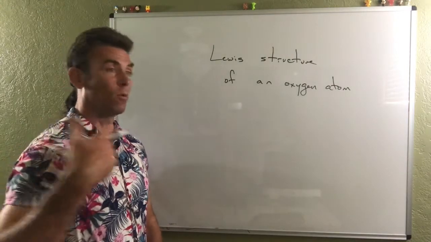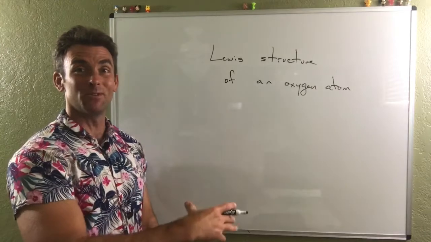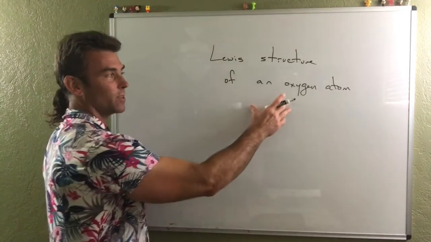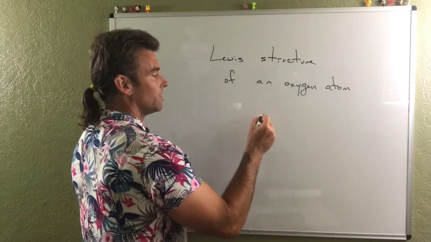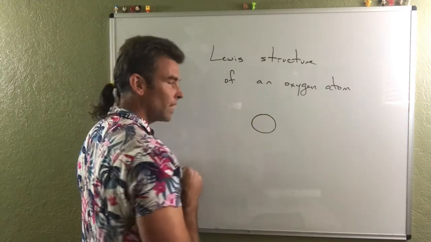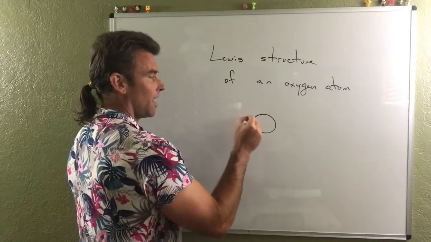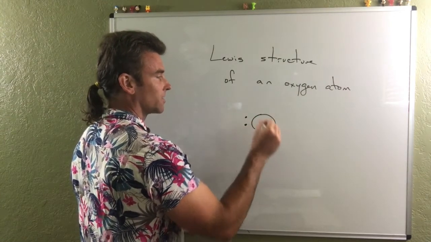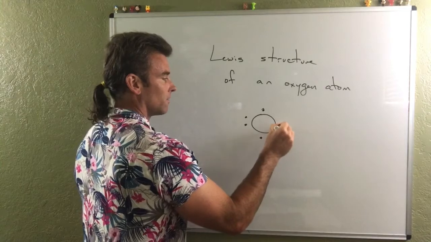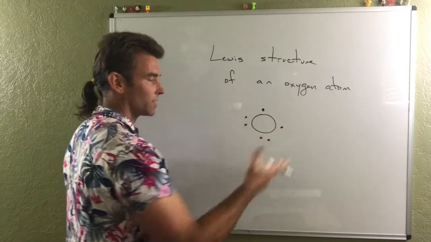we just number 1 through 8 across the top, skipping the transition metal region. You'll notice that oxygen is in column 6, also called the chalcogens. And so what we're going to do is write an oxygen, and pair up a few electrons, and then we end up with something that looks like that.